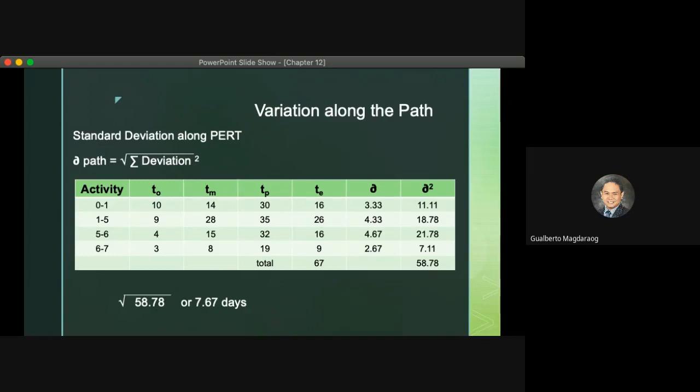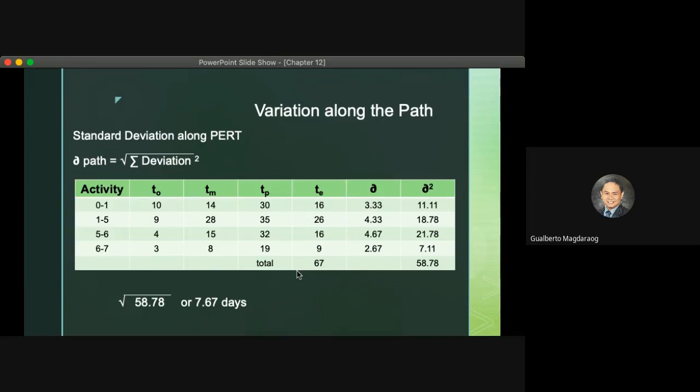Using the illustration earlier, we simply get the estimated time using the formula, so we will have 67 days. Then get the standard deviation for each event, 3.33, and then you square each standard deviation and sum it up, which equals 58.78. Then you get the square root of 58.78, which is equivalent to 7.67 days.